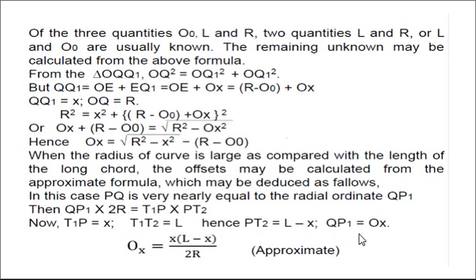Hence the value of OX approximately can be calculated by the formula OX is equal to X into (L minus X) divided by 2R. So this is the formula for approximate calculation of OX, and the earlier one is the formula by which we can calculate the accurate value of OX. Next slide.